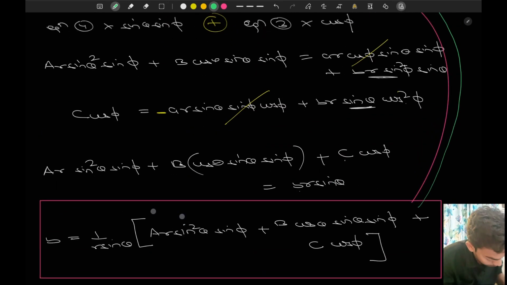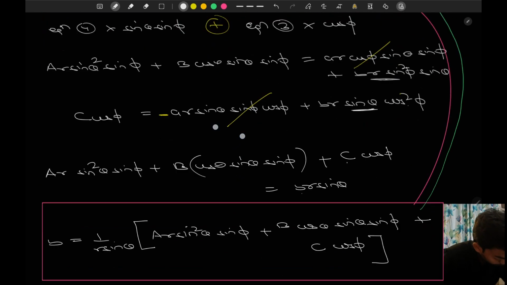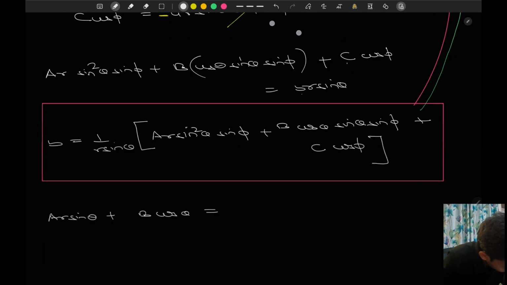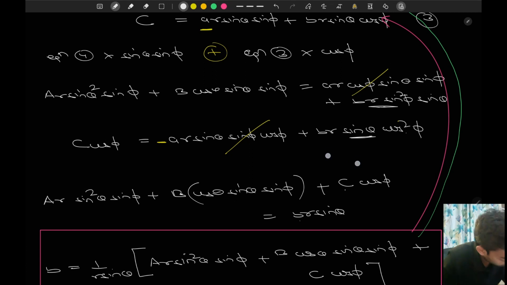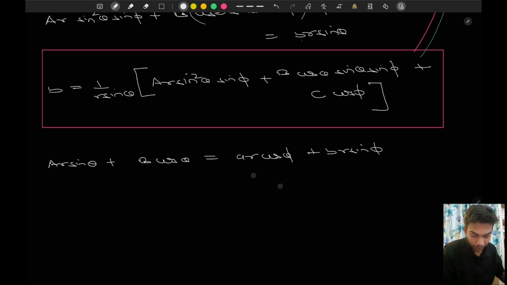I have AR sine theta plus B cos theta is equal to AR cos phi plus BR sine phi, right? This is our equation, and we will plug it in here. So let's plug this equation here.